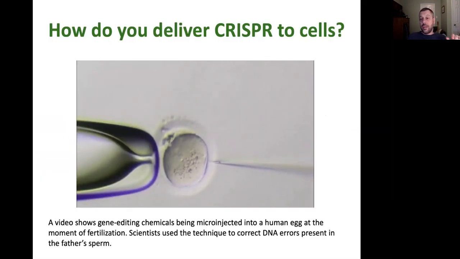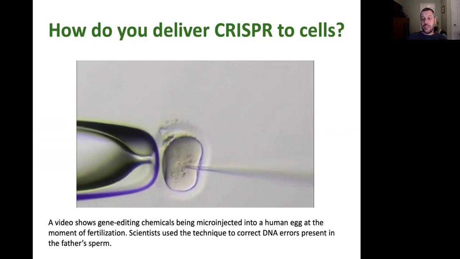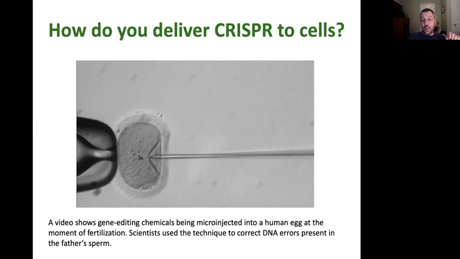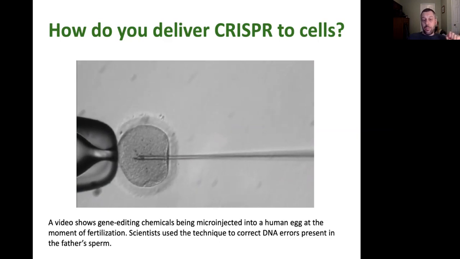How do you deliver this into cells? This is a little movie of a microinjection technique where we're taking a needle, poking it into a human egg right after it's been fertilized, and then pumping some liquid into that egg that contains the CRISPR-Cas9 protein and the RNA and all that targeting stuff that we looked at earlier.